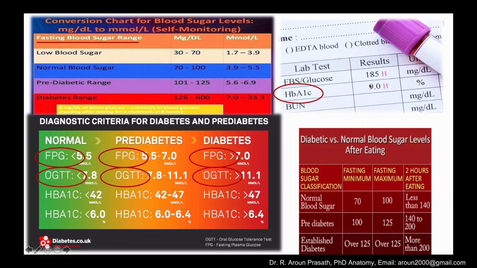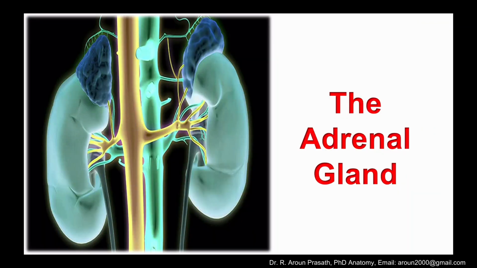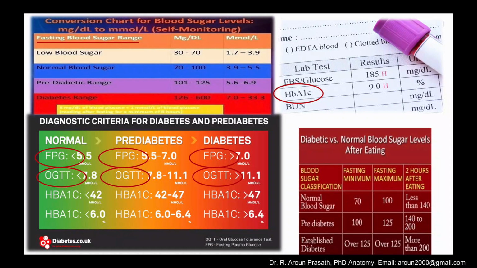To diagnose the patient as diabetic, we have to do a glucose tolerance test, where we give glucose to drink and check the blood sugar level every 30 minutes and form a graph to show at what rate the glucose is being reduced by the insulin. So this is what you have to know about diabetes and the pancreas gland.